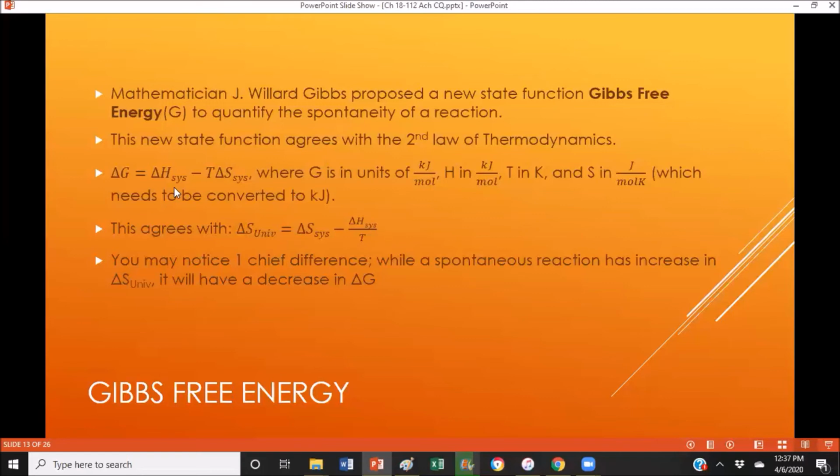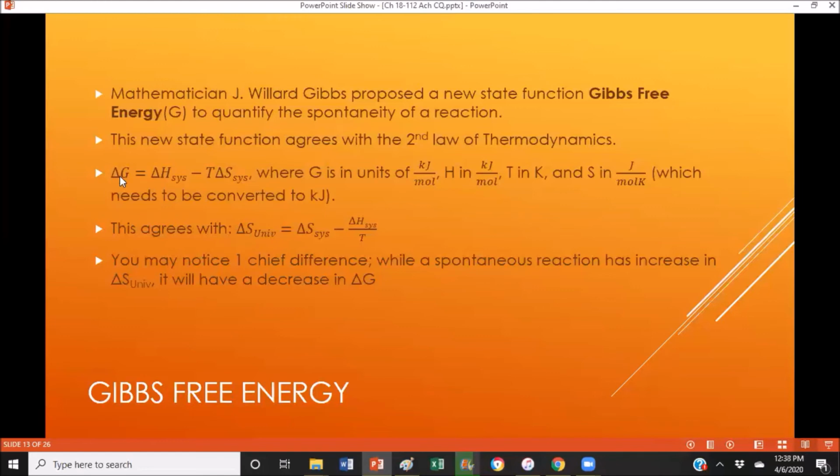The one chief difference, you notice this is H minus T delta S, and this is S minus H over T. We're minusing something different in each of these. But what this is going to result in is that for a situation where S of the universe increases, delta G is negative.